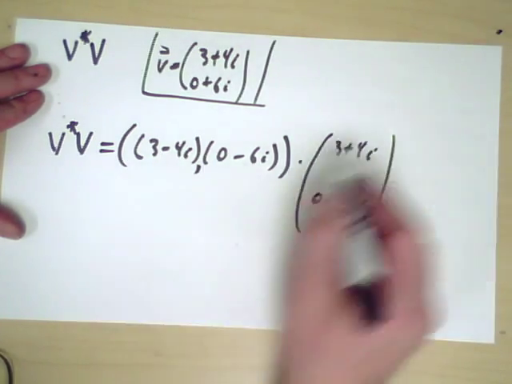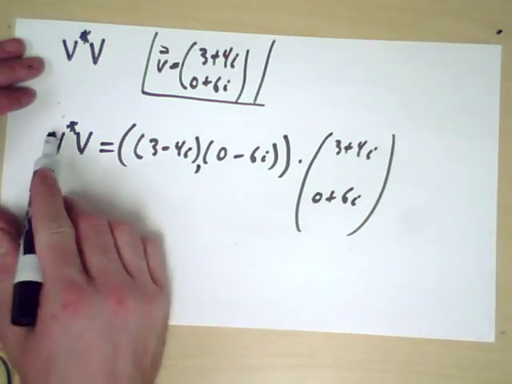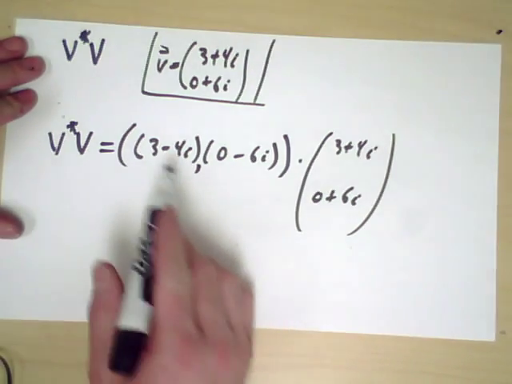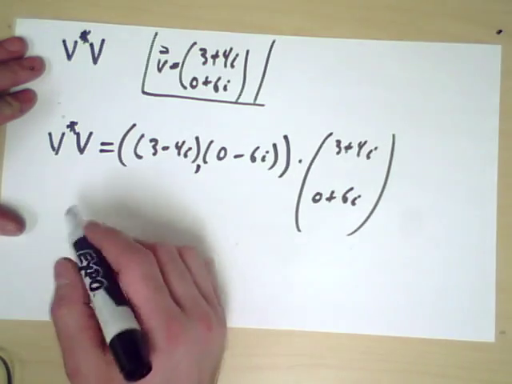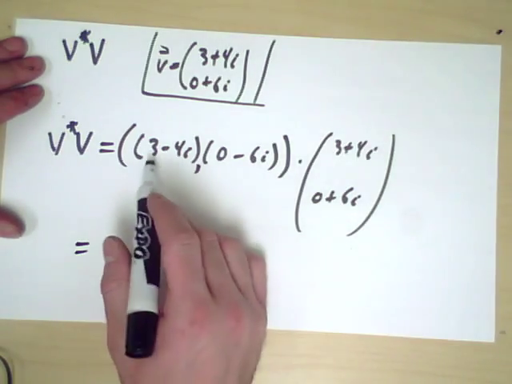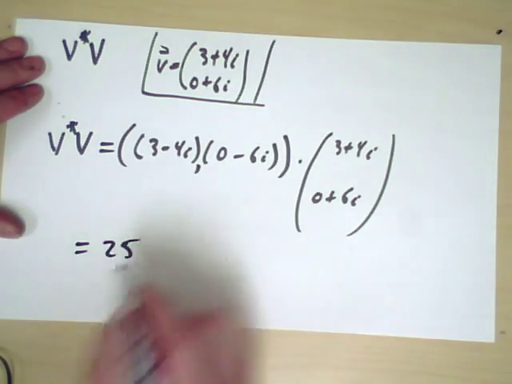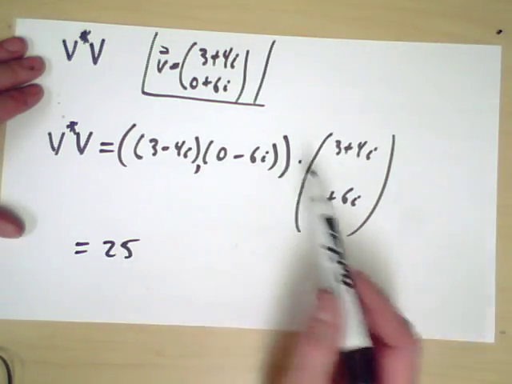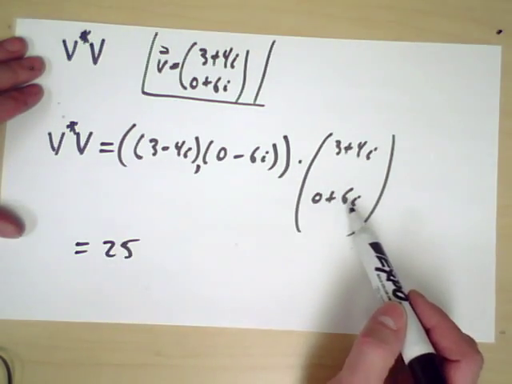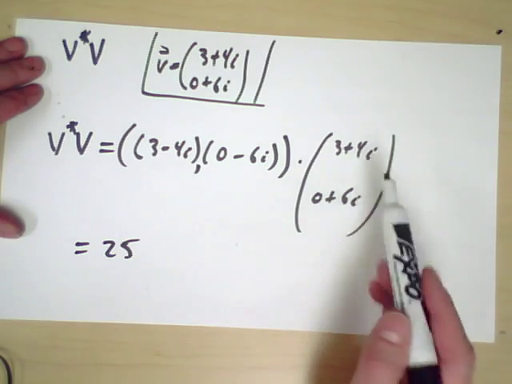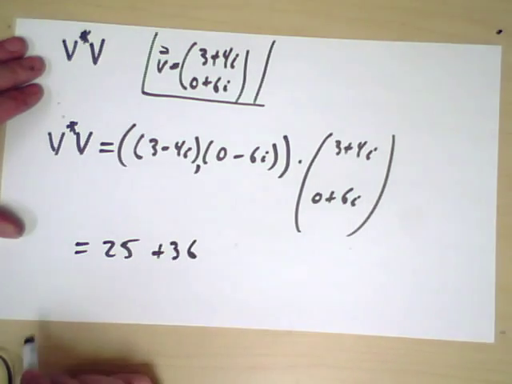So I have my row vector and my column vector, but I have flipped the signs here because of the star, the conjugation. And now if I take 3 minus 4i times 3 plus 4i, we already know that that is 9 plus 16 is 25. And minus 6i times plus 6i, the minus cancels with the i squared to give me plus 36.